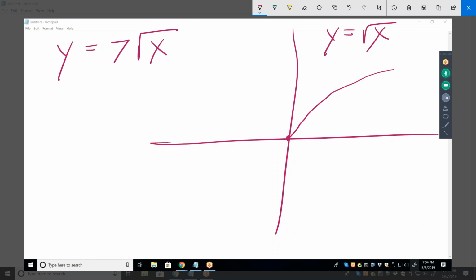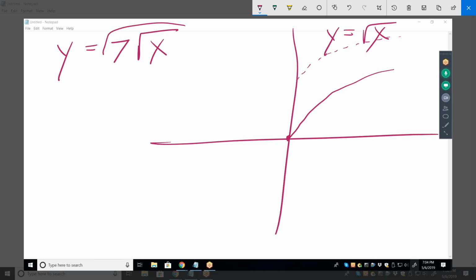And stretches also change the shape of the curve. Shifts do not. If this was the square root of x plus 7 with the 7 outside the radical, then that would be a vertical shift, and all that would do is move everything up by 7, and it would look exactly the same as the first curve. But this is not.